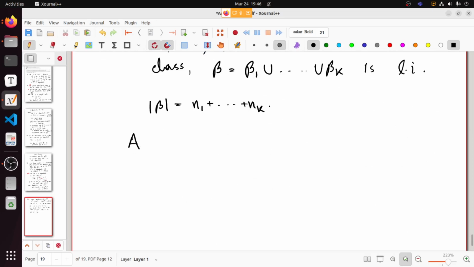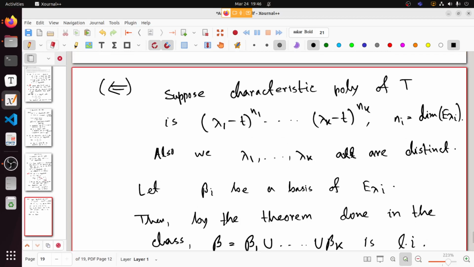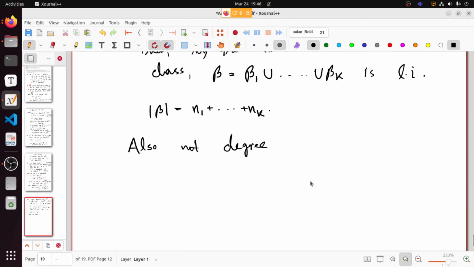Also note that the degree of p(t), the characteristic polynomial, is equal to the dimension of the space. So the degree of p(t) is n1 plus dot dot dot nk, which is the dimension of the space V, right?